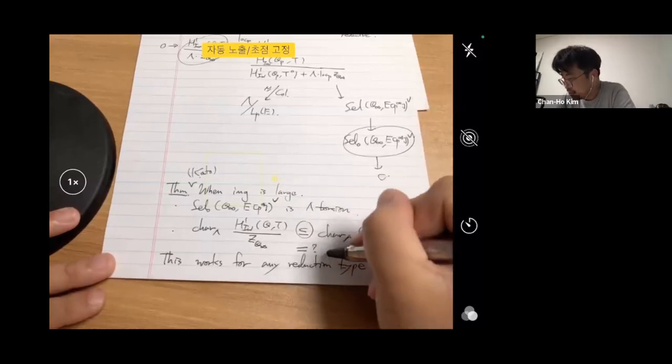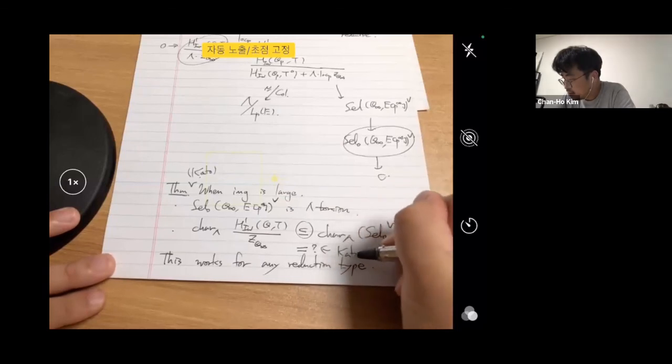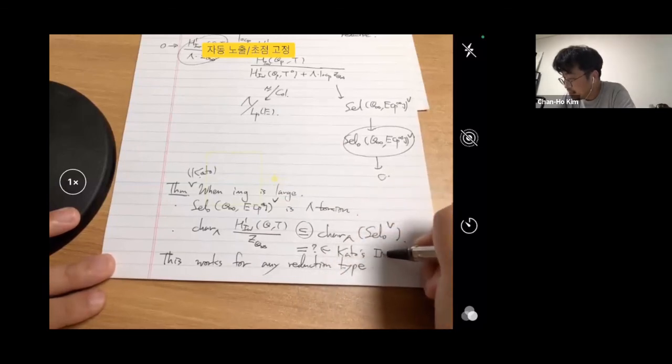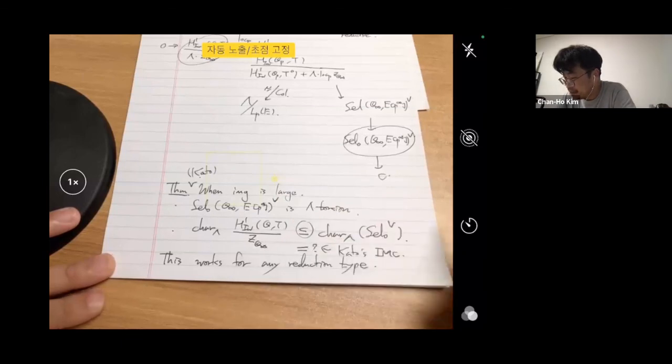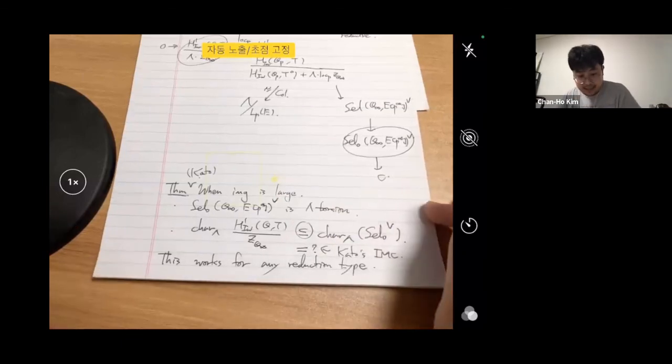That's Kato's main conjecture. Without the p-adic L-function, there's no p-adic L-function in both sides. And yeah, that's everything I wanted to say today. And let me stop here. Thank you very much.